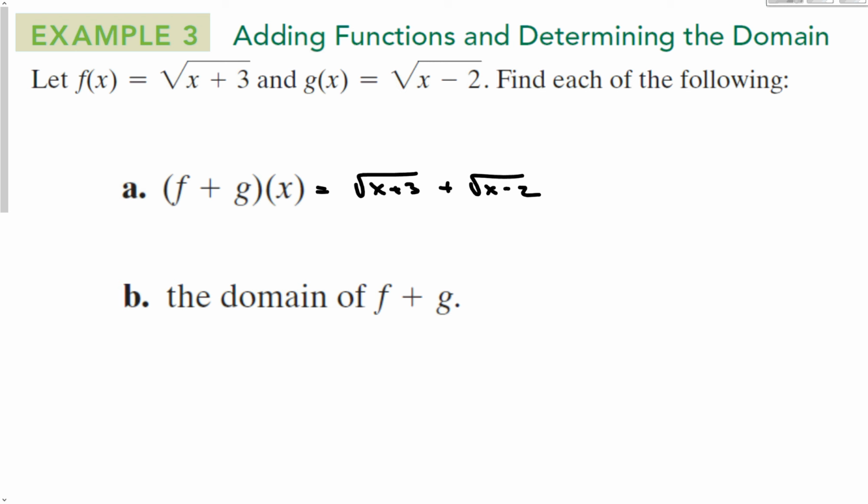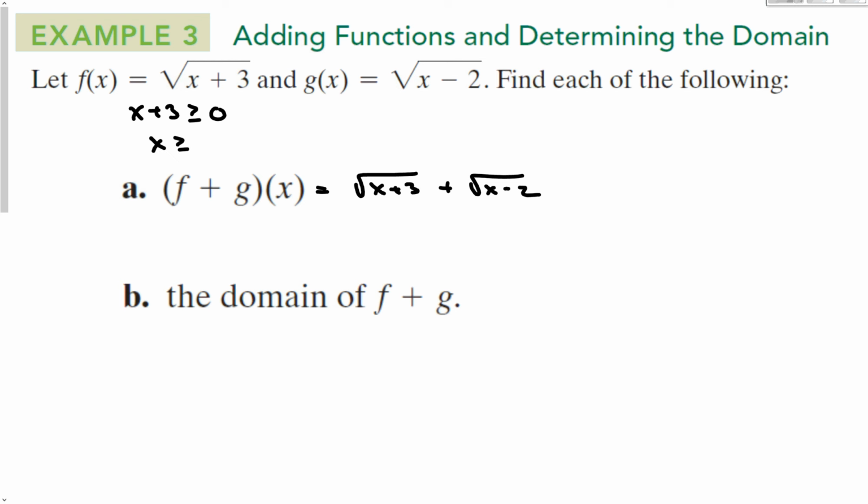To find the domain for part B, we need to first look at the domain of f and g, and we need to see where they intersect. The domain here is everywhere that makes this positive. Well, before we get to domain, we can say that I want x plus 3 to be greater than or equal to 0. 0 is okay.